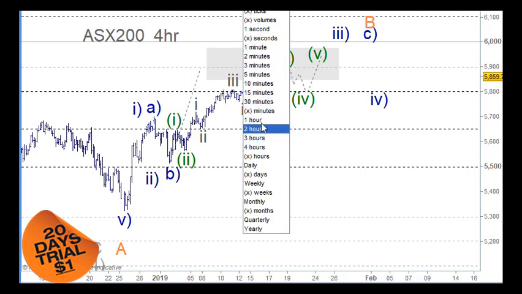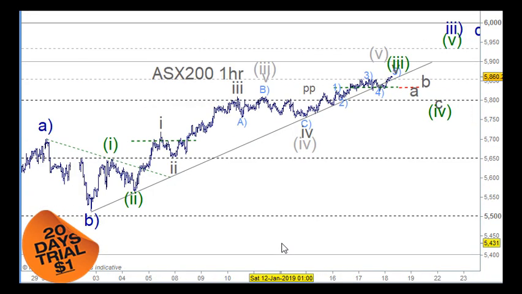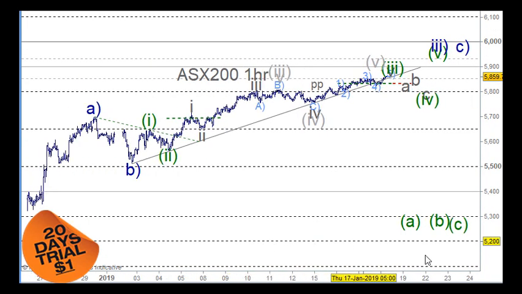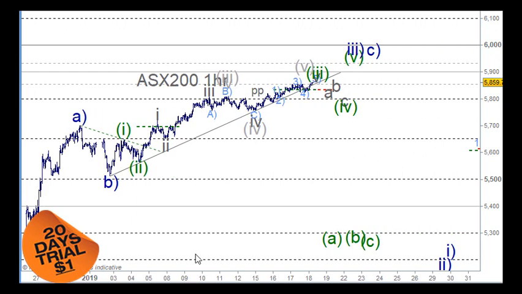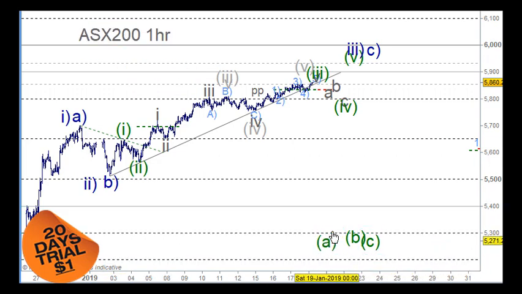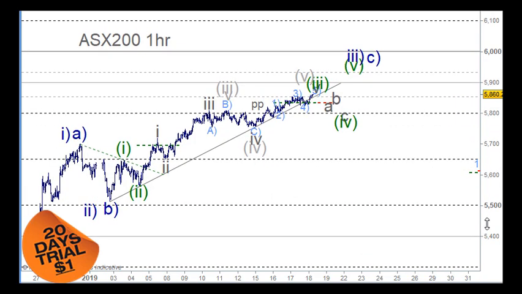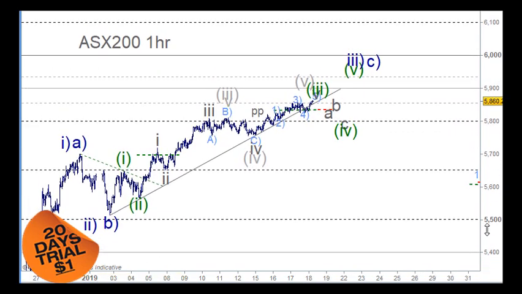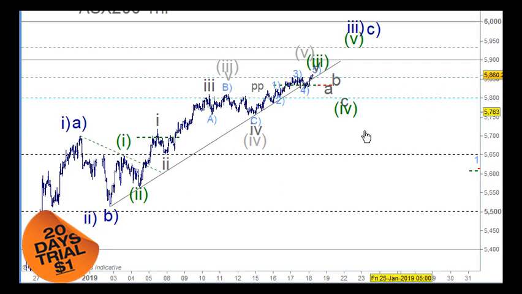When I look at it on the hourly chart, I'm overlaying the US situation as well. We've got a wave 1 or wave A there, wave 2 or wave B here. Let me clean this up a little bit. From this low and the current move up, from wave B in green, we've got wave 1 and 2.